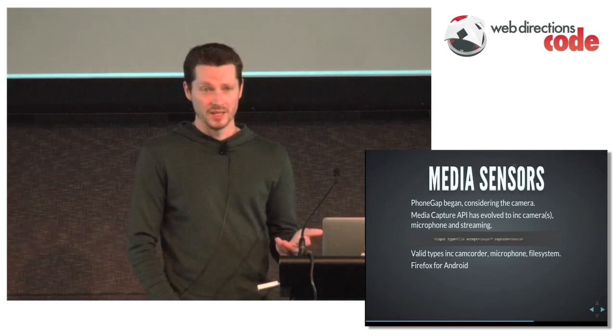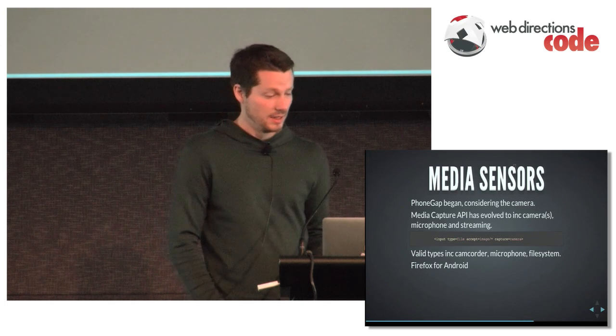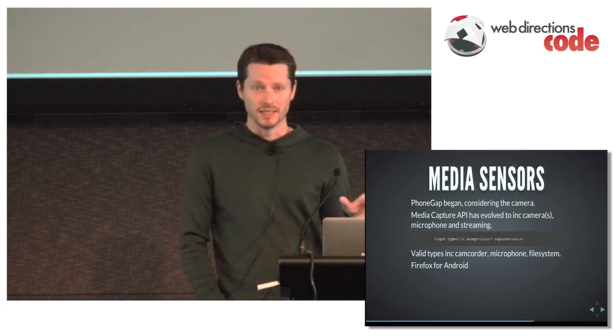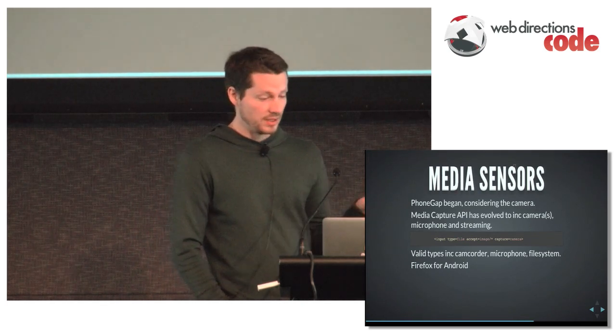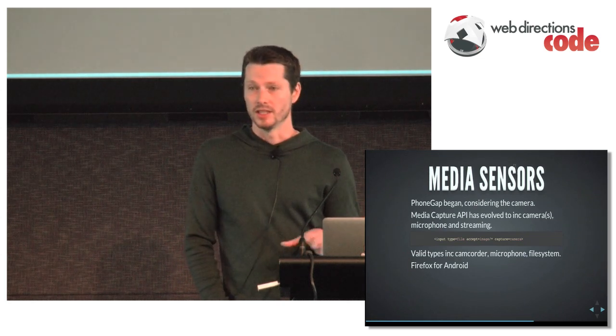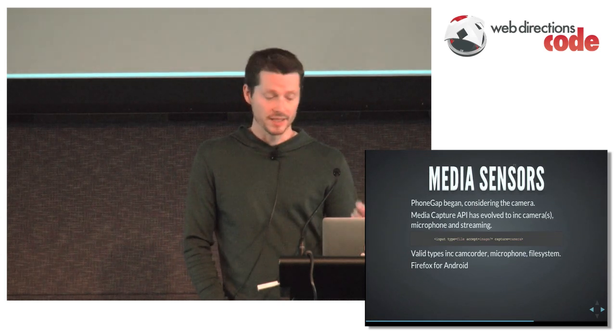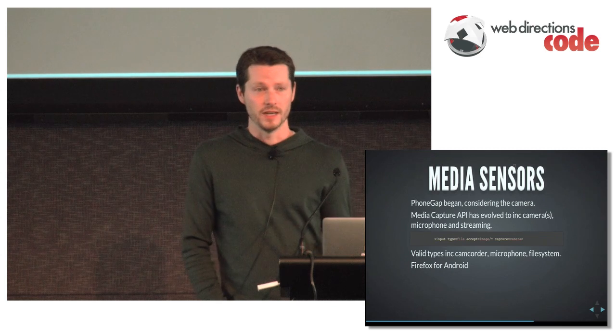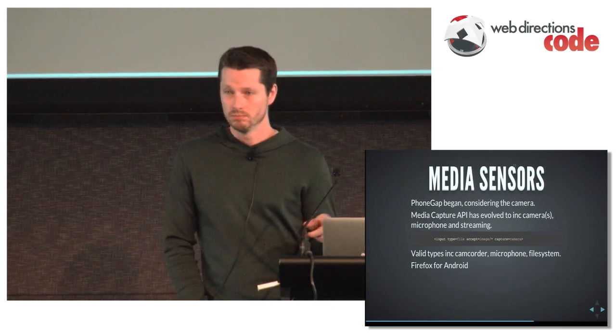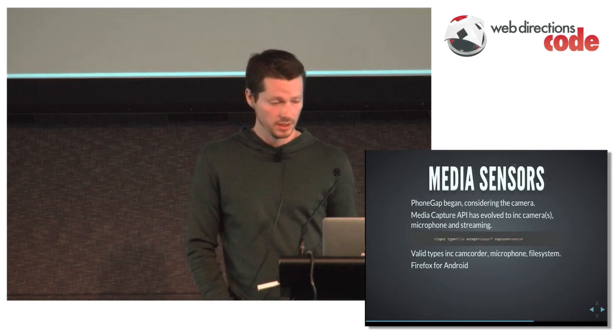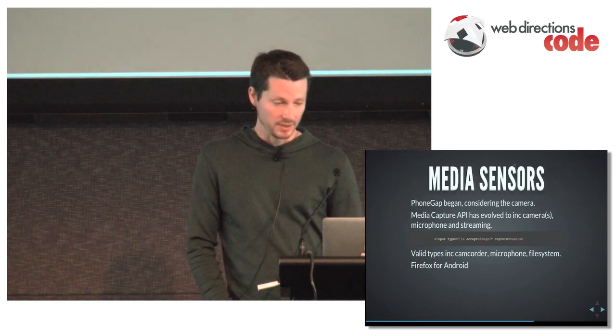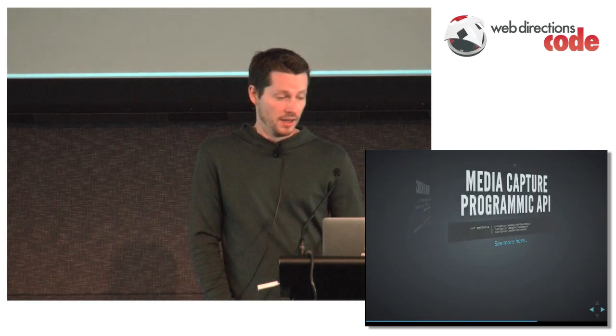And so the media capture API of the W3C is what defines that. On the HTML5 side, we do have things like the input and accept image. I believe this one's in Firefox for Android. If you have that, you can actually use this input type right now to capture an image. Obviously, this isn't a device API, but a similar sort of thing.